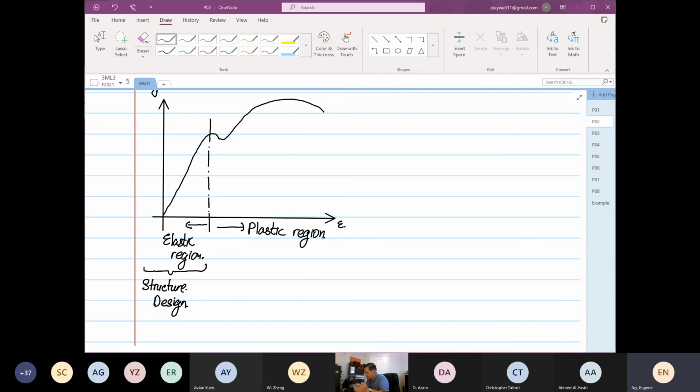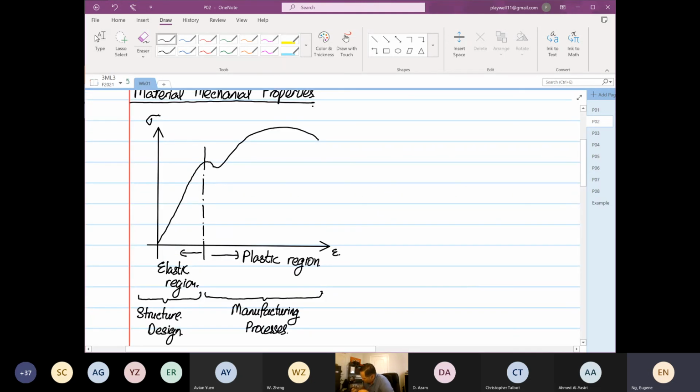Okay, you don't go into the plastic region. The plastic region, you only do it in manufacturing processes. Because in manufacturing processes, you want to bend the material up to a certain stage, right? So that you get the shape that you want, okay? Because not everything is designed in a square on a flat manner. There's always curve or make things longer.